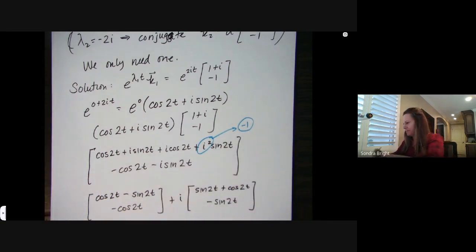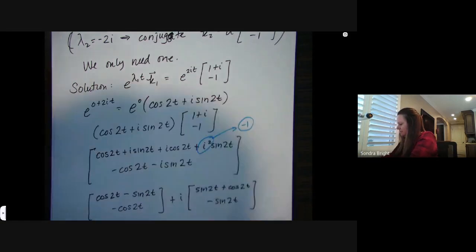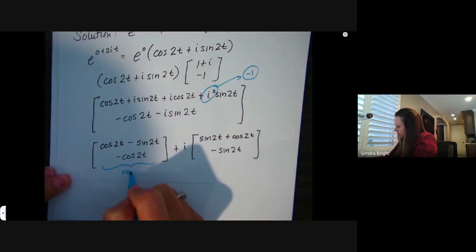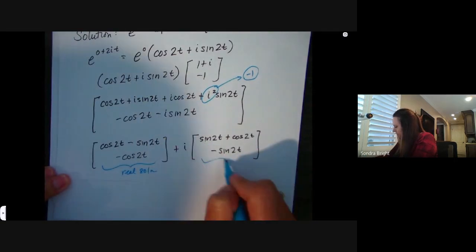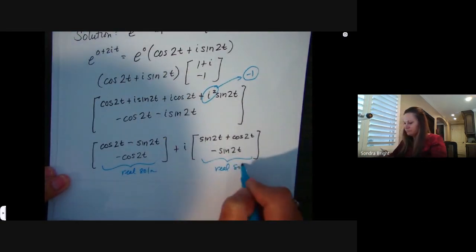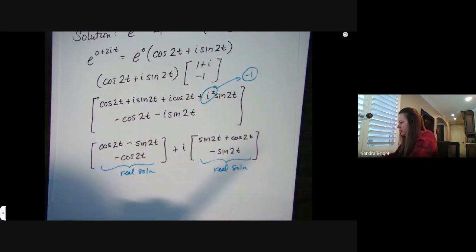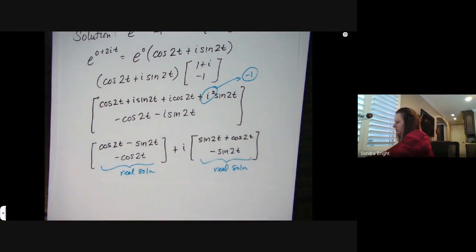All right, now, here's the deal. This guy is a real solution, and this guy is a real solution. And so our answer is going to be the linear combination of these two real solutions.